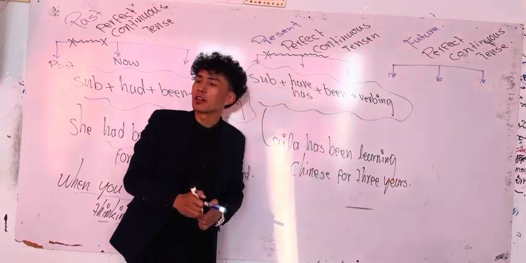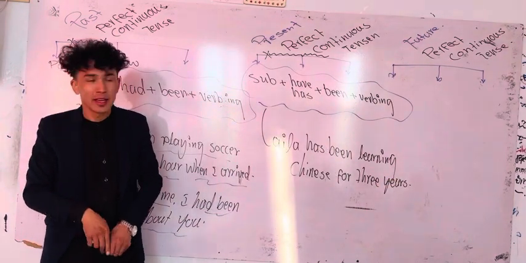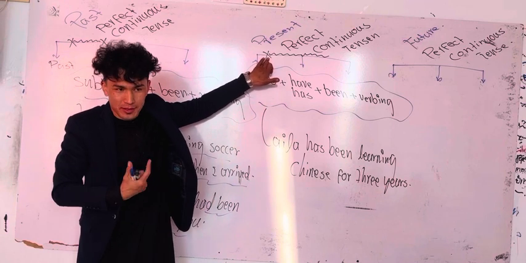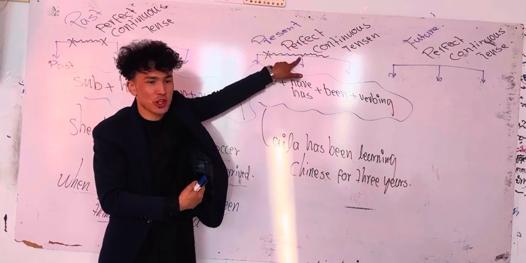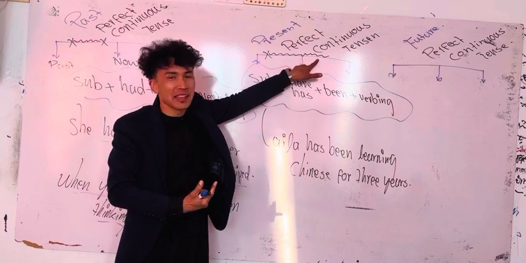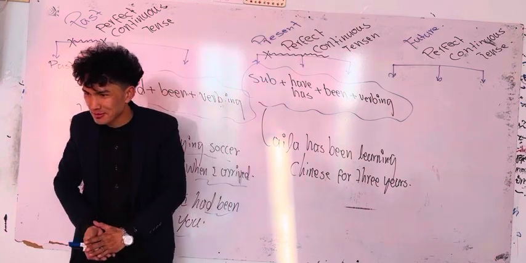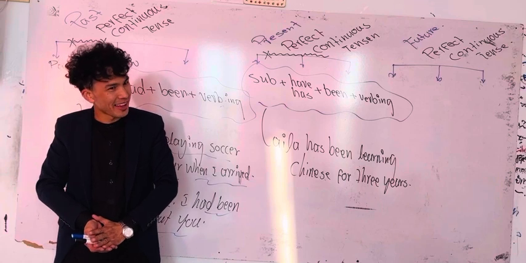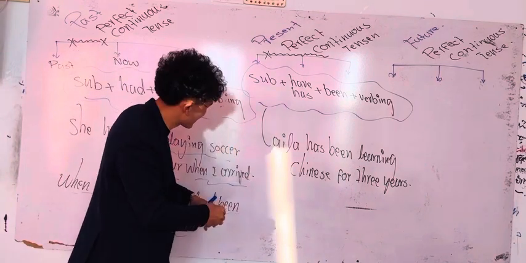Leila has been learning Chinese for 3 years. 3 years ago, Leila started learning this language. Still, she's learning. And because she cannot speak very well, she may study this language in the future too. Do you understand? How easy and awesome this is.